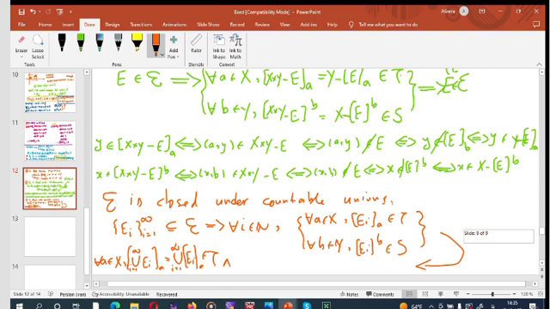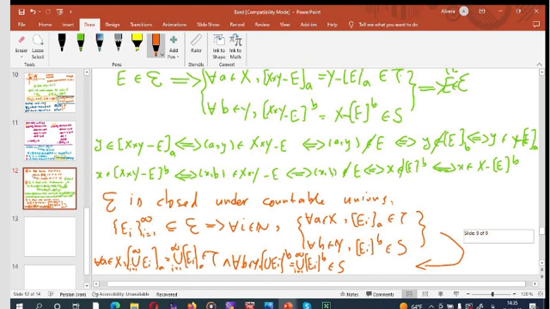And for each B in Y, the section of this union, or equivalently this union of sections, must belong to S, because all of these are in S, and S is a sigma algebra, and any sigma algebra is closed under countable union.